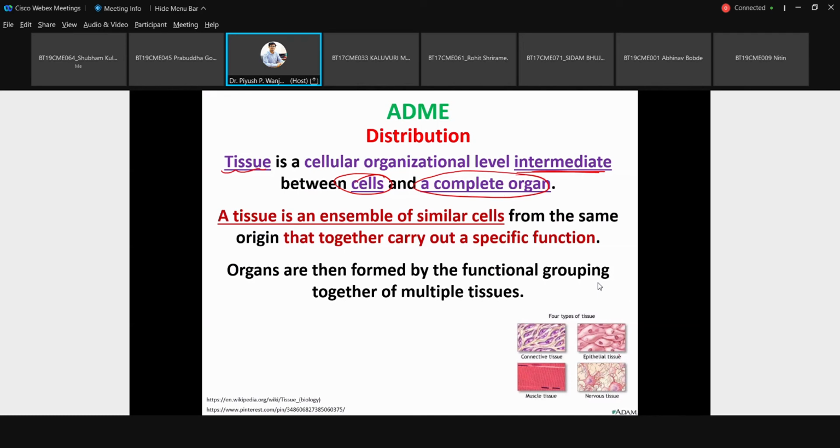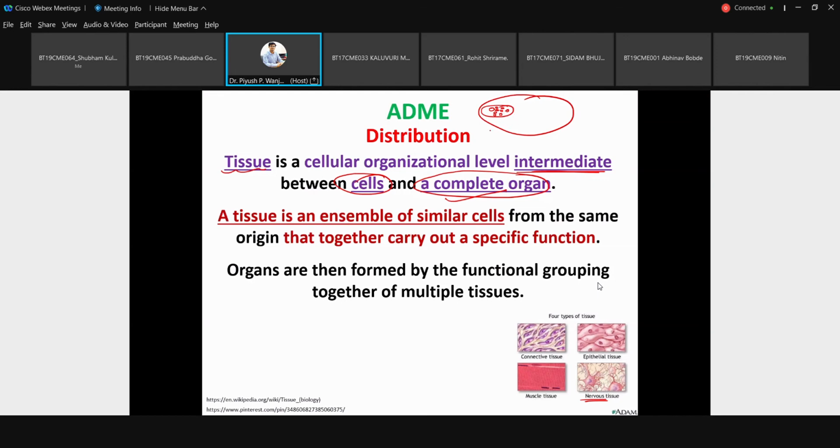For example, there are so many of these tissues, such as nervous tissues. Your entire brain you can consider as a complete organ, and within your brain there are small cells. So the tissue is something intermediate: the part made up of many cells, one particular part that defines that region.